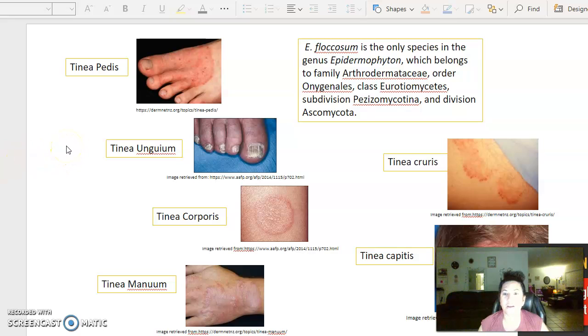It's in the subdivision Pezizomycotina and division Ascomycota. Tinea is Latin for worm. In our early days, before scientific discovery, people often thought this was caused by a worm because of its protruding circular formation, making a kind of wall there. But now we know that is not the case.